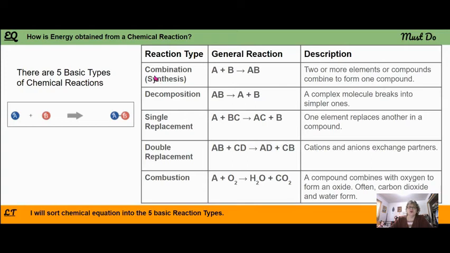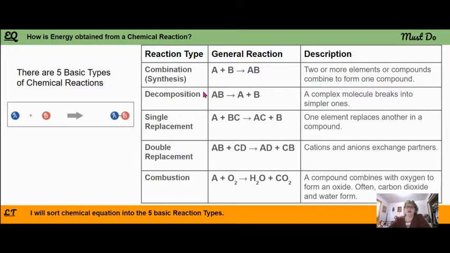In a combination or synthesis reaction, we take one element and add another element, and then those bond together and become something. So you have two or more elements or compounds that combine to form one compound.